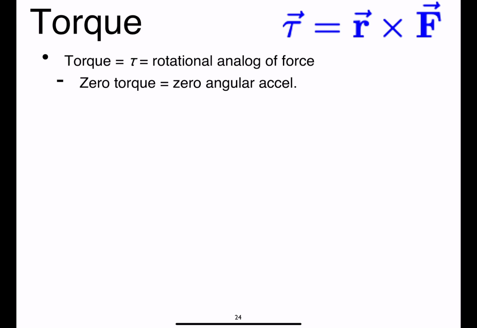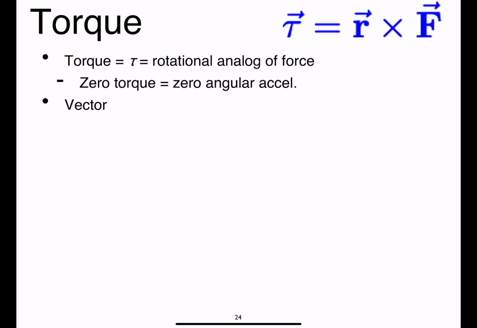In case of force, if the net force was 0, there was no acceleration. That means the object could be moving at a constant velocity or could be at rest. So in this case, the object could be rotating at a constant angular velocity, or could be completely at rest.